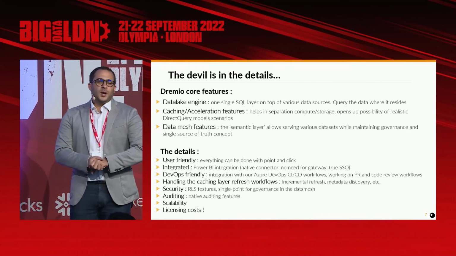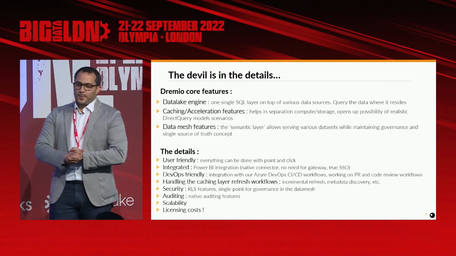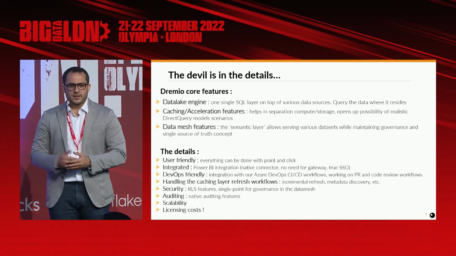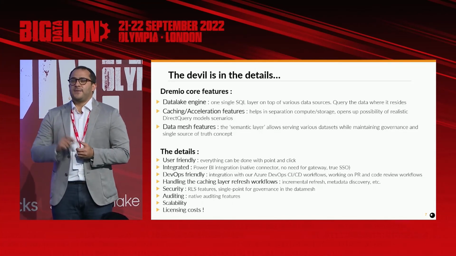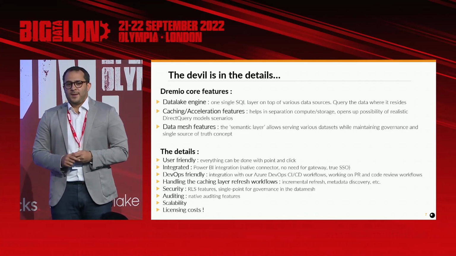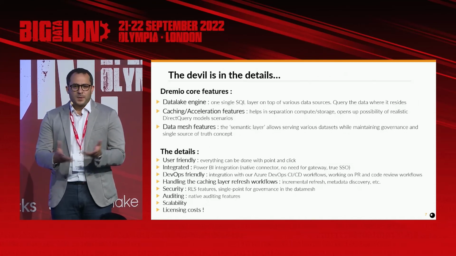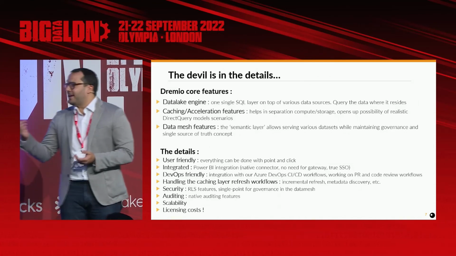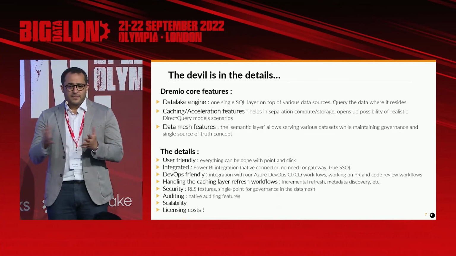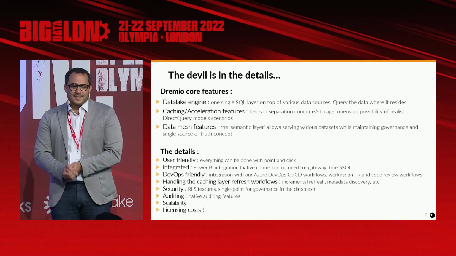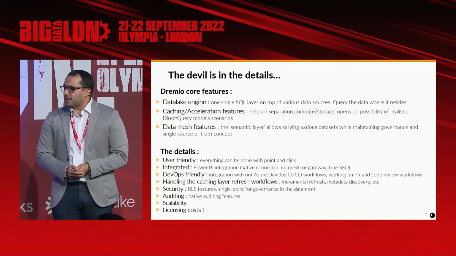When you want to schedule some refreshing of that caching layer, when you want to do incremental refreshes of your data, you actually have to write cron jobs, which we all know, the cron job syntax is not very human friendly. In Dremio, it's just point and click, you have a nice user interface. So all these details, and also, to be honest, the licensing cost.